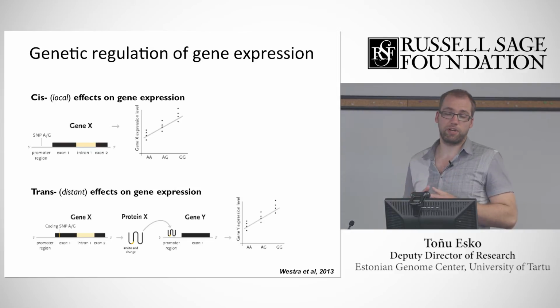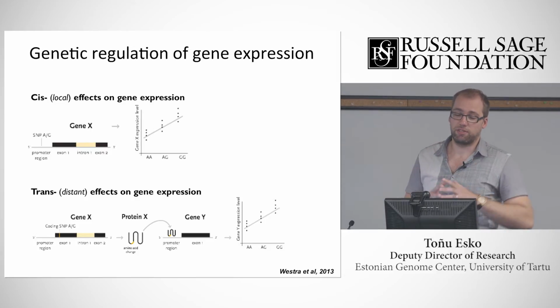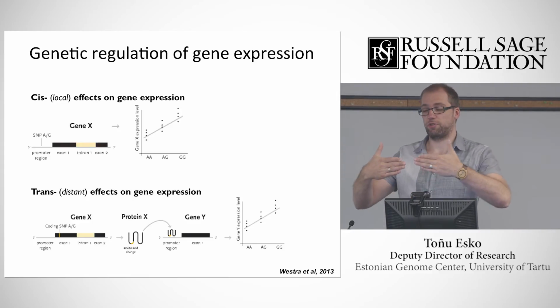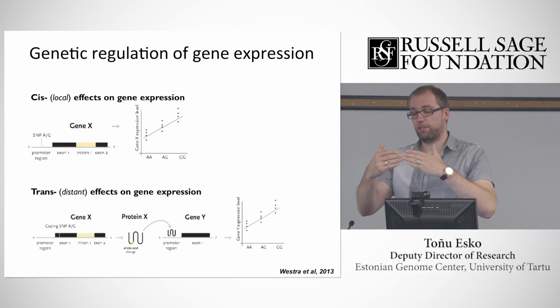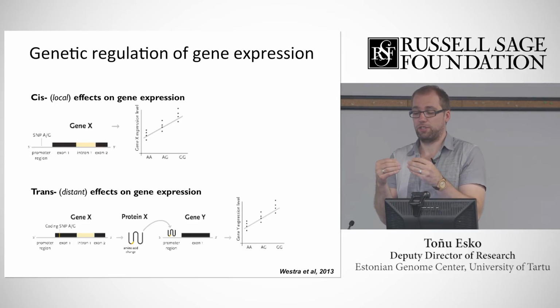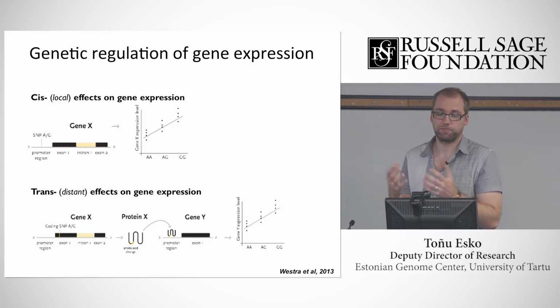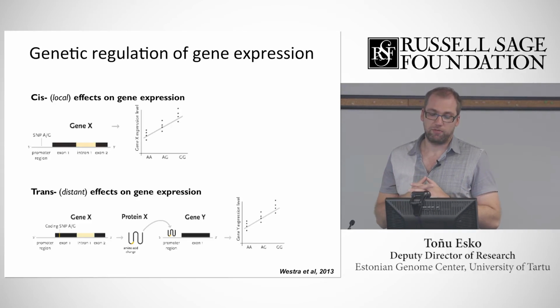And these trans effects can either be like this, where the transcription factor or the factor that regulates the gene expression gets changed, but it can also be, as I mentioned, the chromosome areas in the unpacked nuclei, where chromosome 11 and chromosome 22 can be next to each other, and there can be some physical contact between gene X and gene Y, an example of gene-gene interactions. Or it can also be environmental factors.